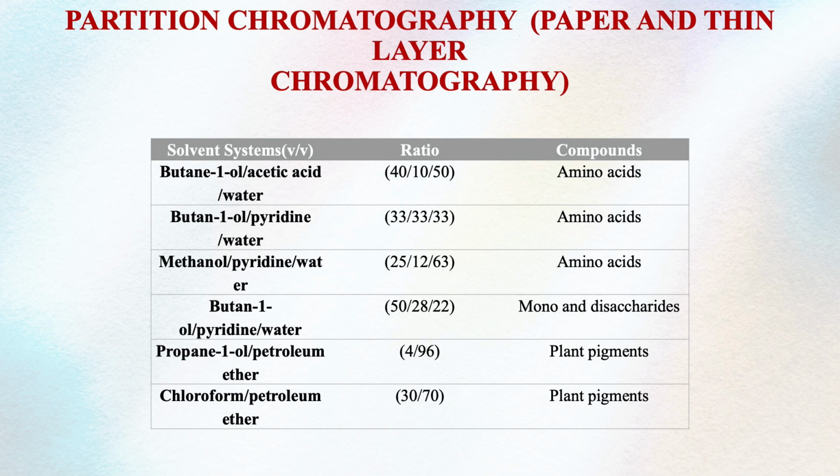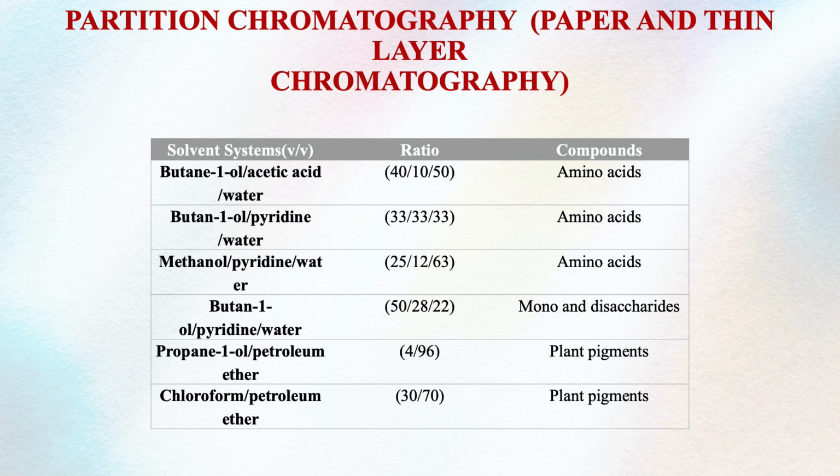That means we are going to take 40 ml butanol, 10 ml of acetic acid and 50 ml of water, and the total will be 100. That is 40 is to 10 is to 50. And this particular composition we are going to use to separate the amino acids.